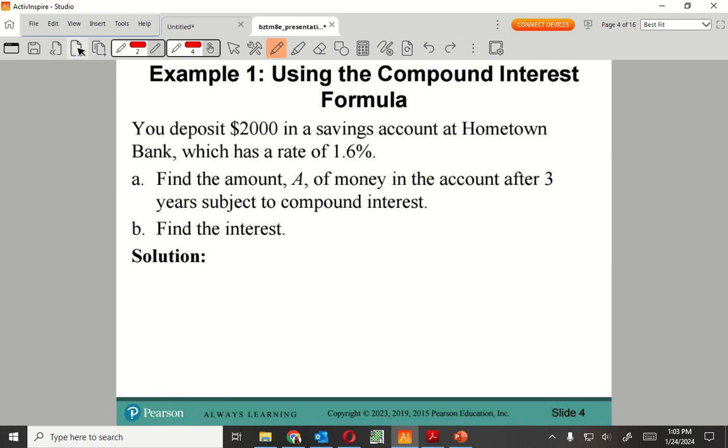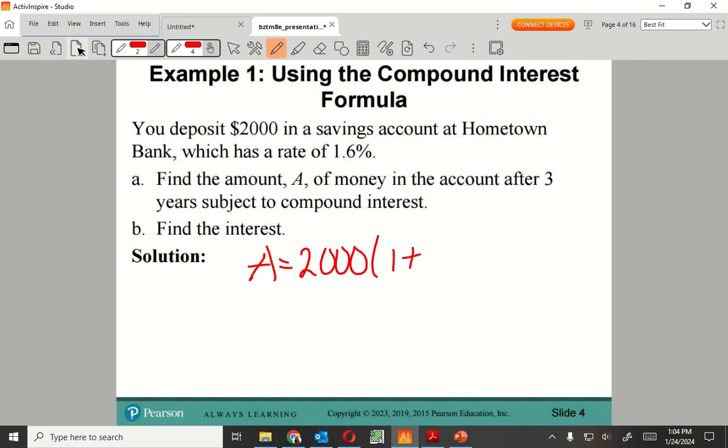So deposit $2,000 in a savings account at Hometown Bank, which has a rate of 1.6%. Find the amount A of money in the account after 3 years, subject to compound interest. Formula: A equals P, principal. What was my principal amount here? 2,000.